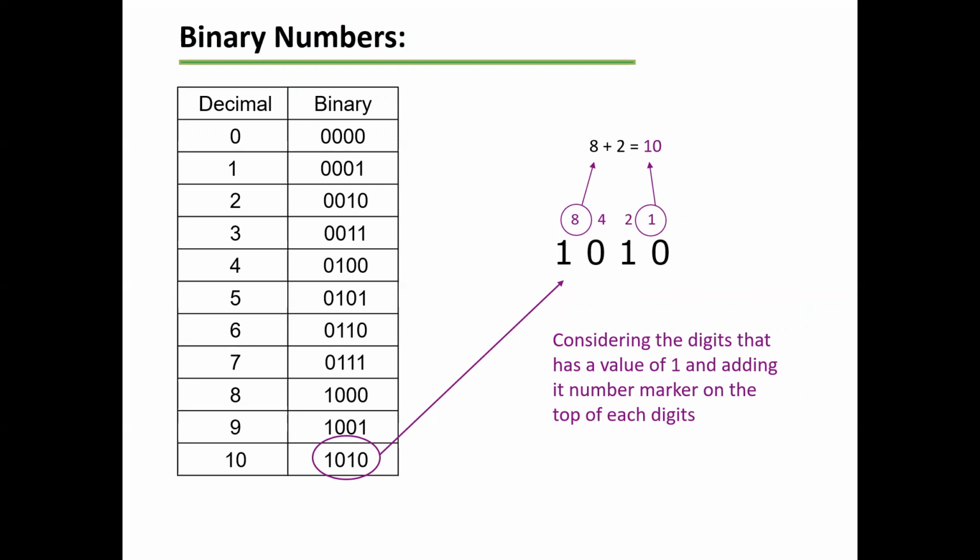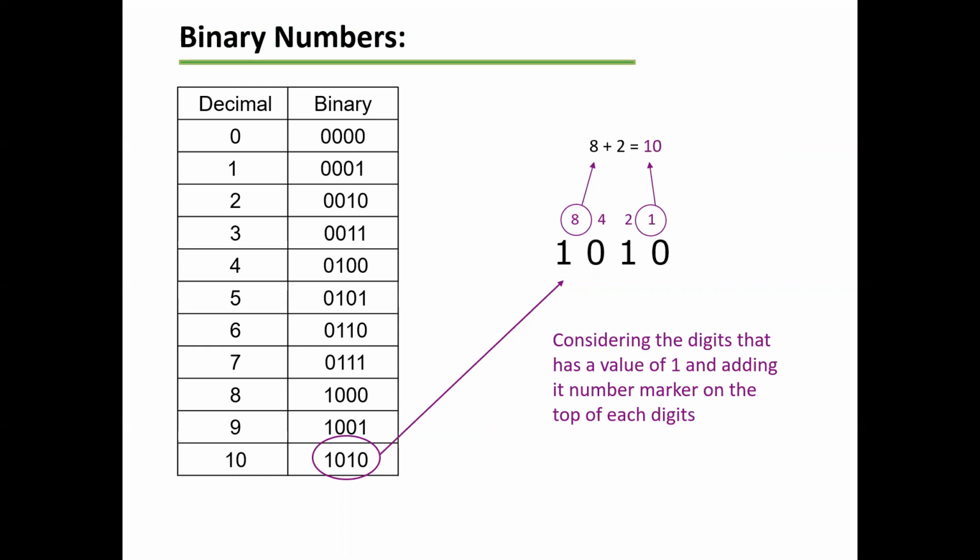These digits that have a value of 1 have their number marker on top of the digits, kasi mamarkahan natin yan, no? Kung 4 digits ang gagamitin natin, ang marker na gagamitin natin ay 8421. Para naman sa 3 digits, pwede namang 421.